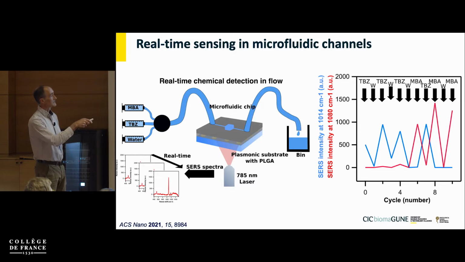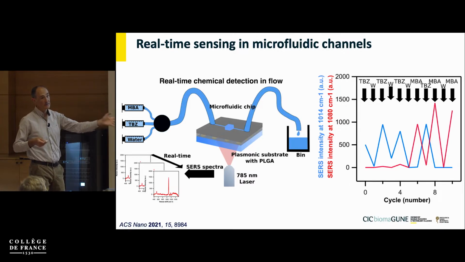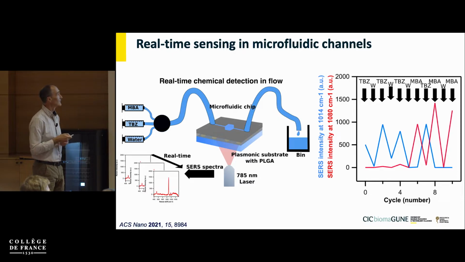And so these are examples with two different analytes and flowing with water, so that you measure one or nothing, one or nothing, one or nothing, and then the other or nothing, and so on and so forth. Okay? So you can every time measure a new spectrum corresponding to the solution that you're flowing through your system on top of your substrate.